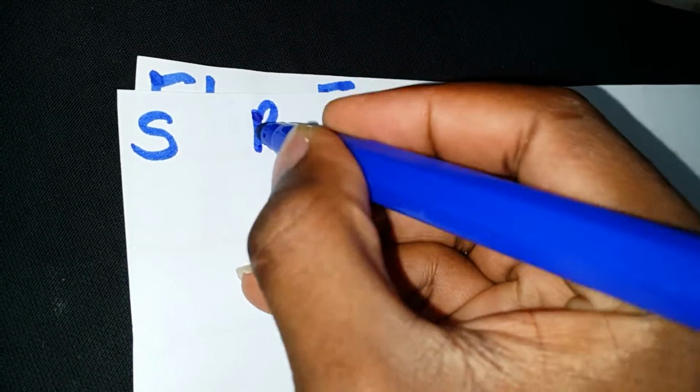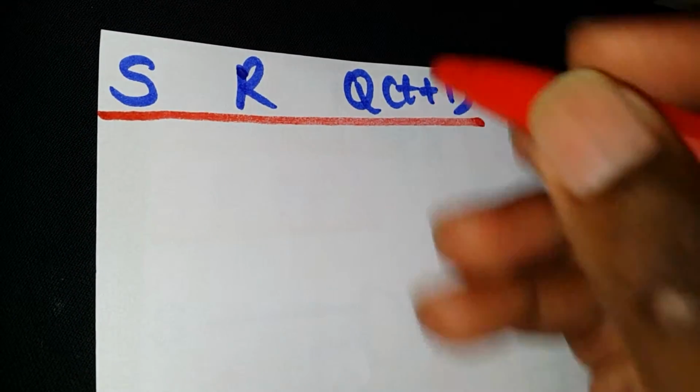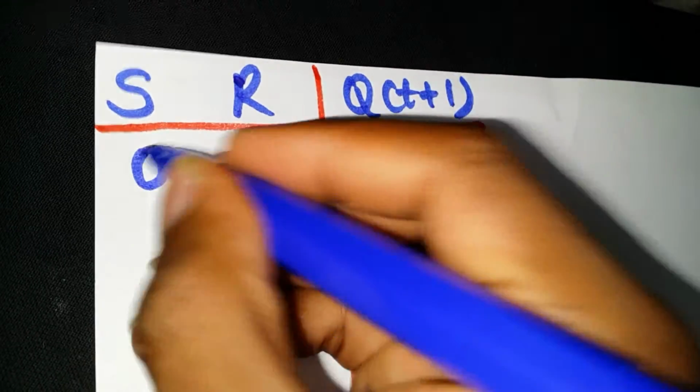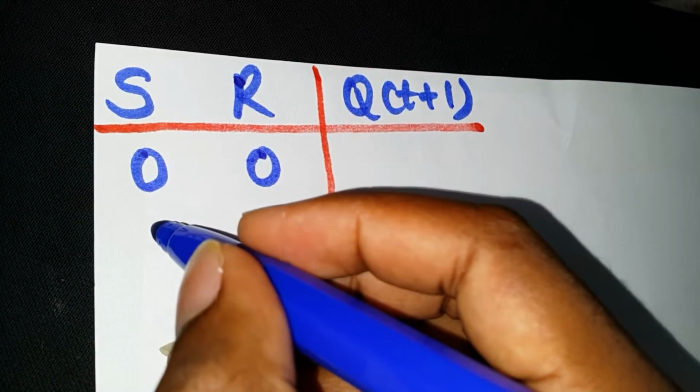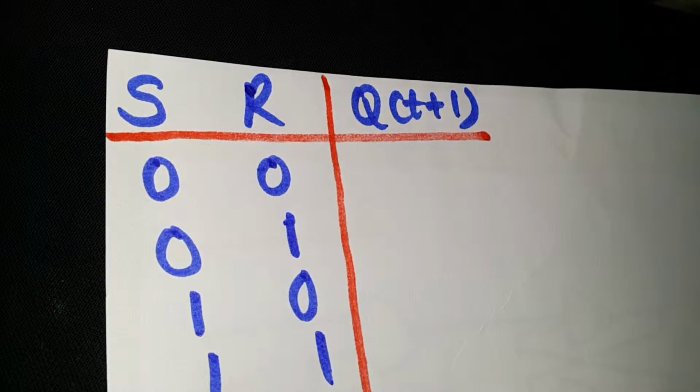We have S, R, Q of t plus 1, and we have 0 0, 0 1, 1 0, 1 1.